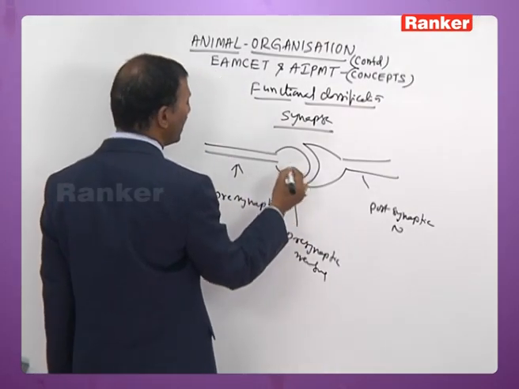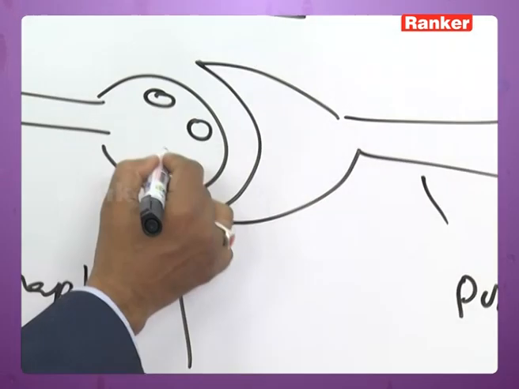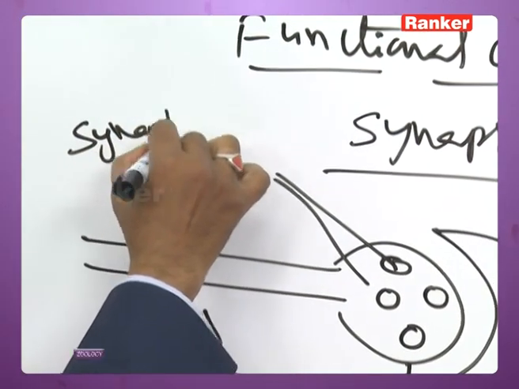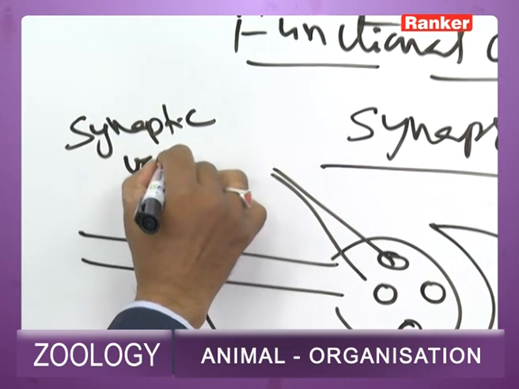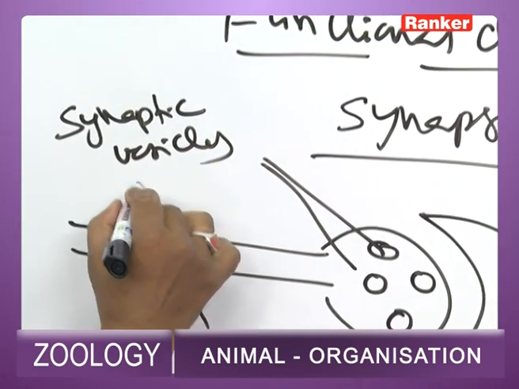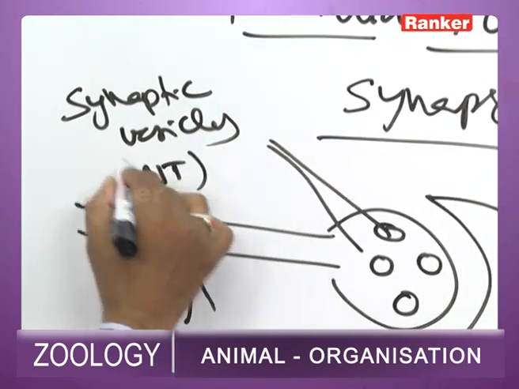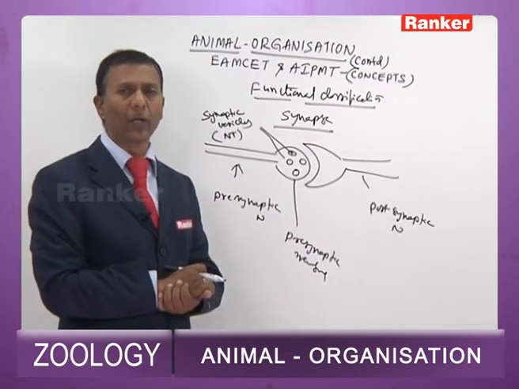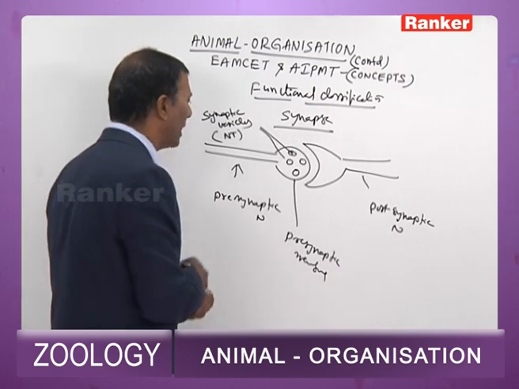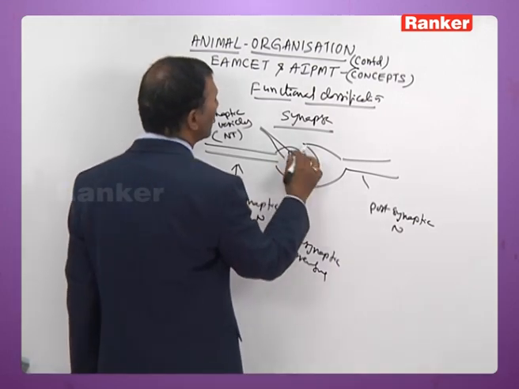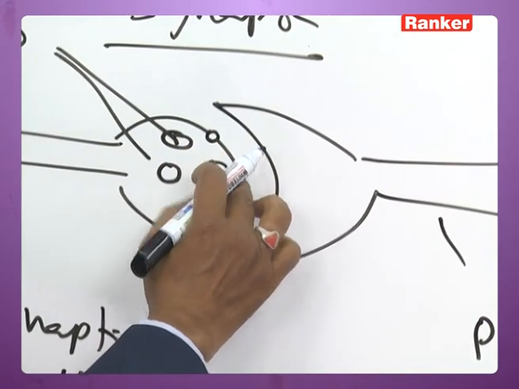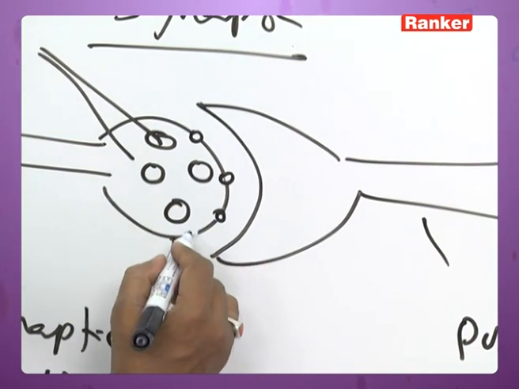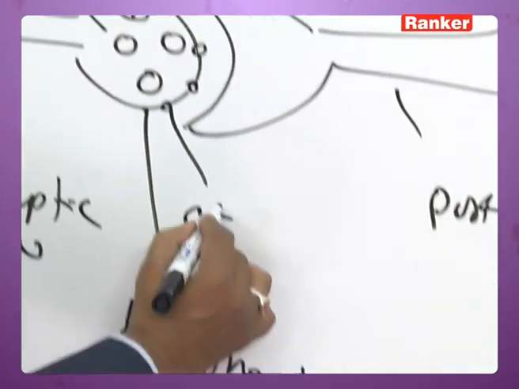The presynaptic neuron has several synaptic vesicles. The synaptic vesicles store neurotransmitters; they are deposited with different kinds of neurotransmitters. Within the presynaptic membrane, there are several calcium ligand channels.